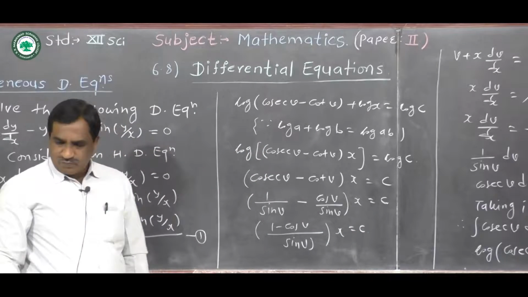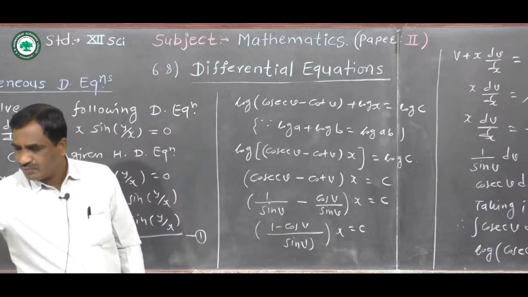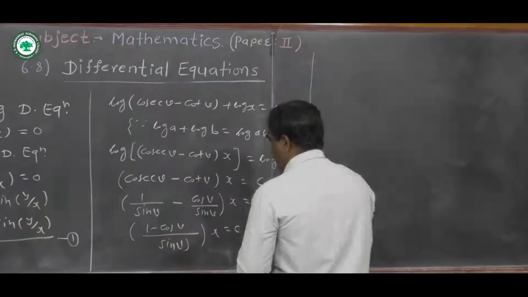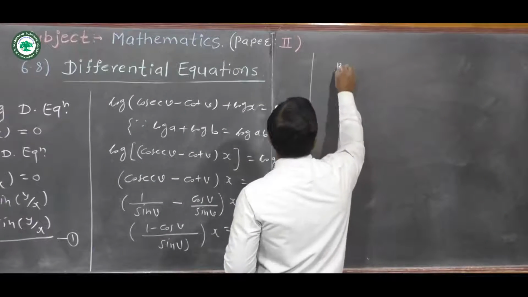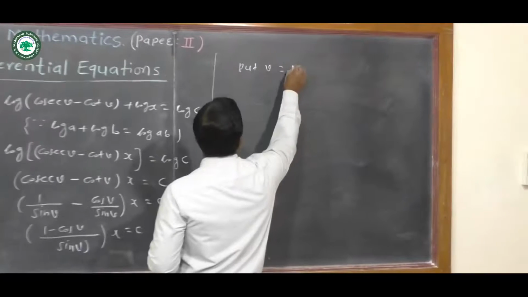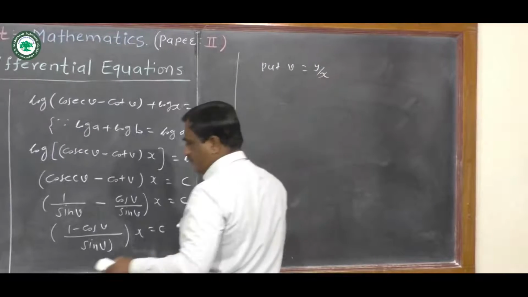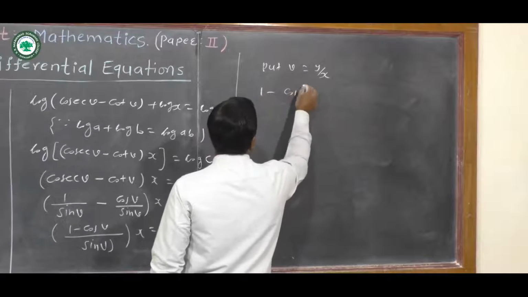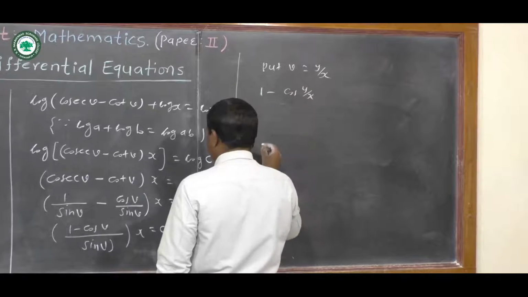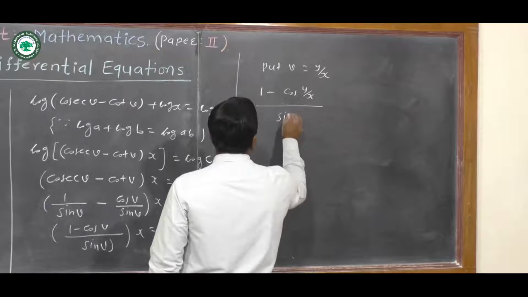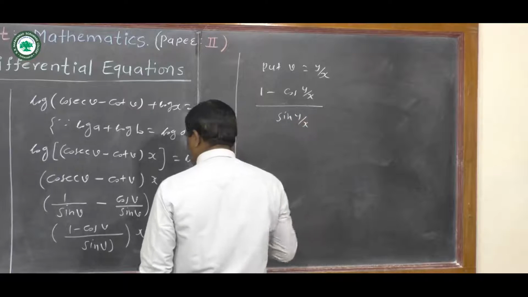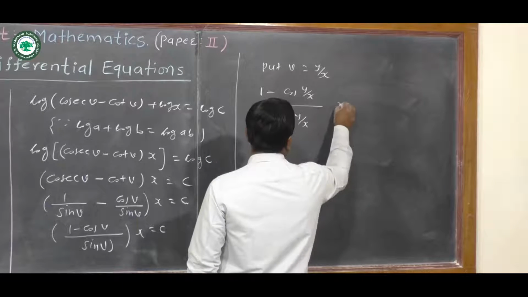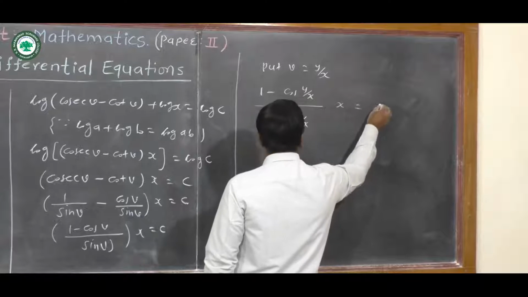Now put the value of v here. Finally put the value of v: put v equal to y upon x. Therefore we can write (1 minus cos(y/x)) upon sin(y/x) times x is equal to c.